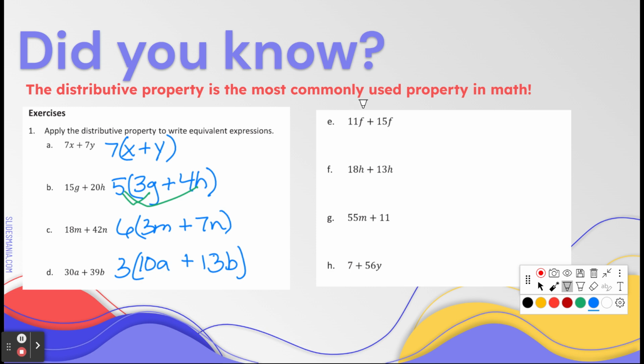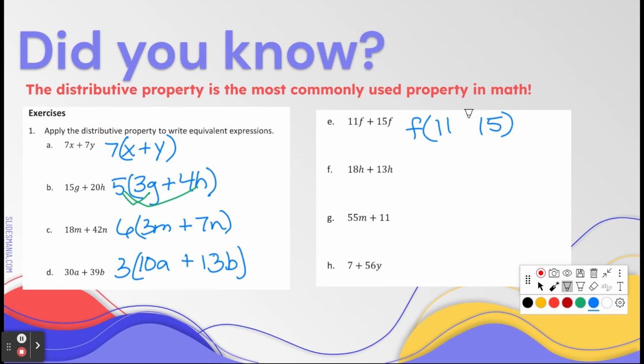Now, if we look at letter E here, once again, we have the common factor is the variable, the unknown number. So the common factor of F will go outside the parentheses, and then we have 11 times F, so 11 would go there, plus 15 would go here. Let me fix that plus sign because you don't want it to look like a multiplication sign.